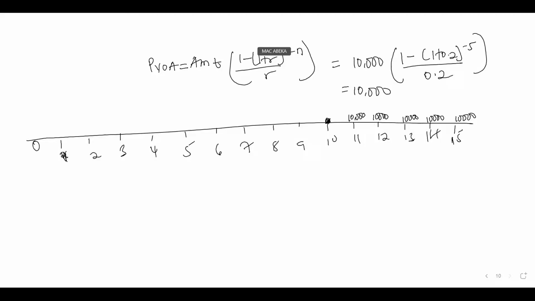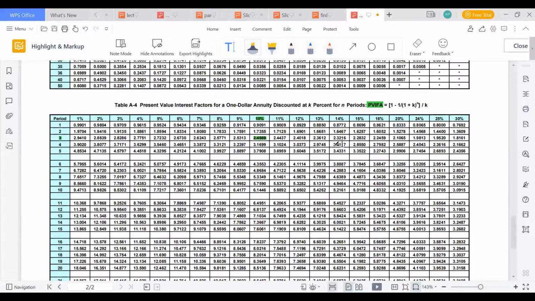For my table readers, you can just read the present value interest factor for 20%, 5 years. So 20% against 5 years gives 2.9906.